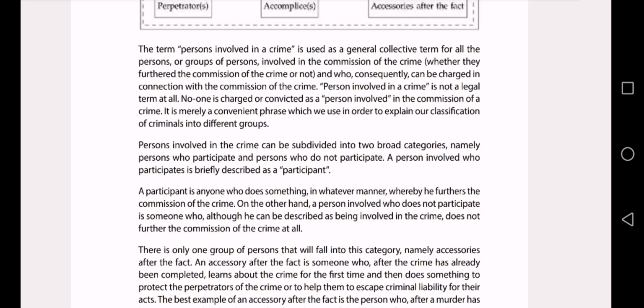Persons involved in a crime is not a legal term at all. No one is charged or convicted as a person involved in the commission of a crime. It is merely a convenient phrase which we use in order to explain our classification of criminals into different groups.